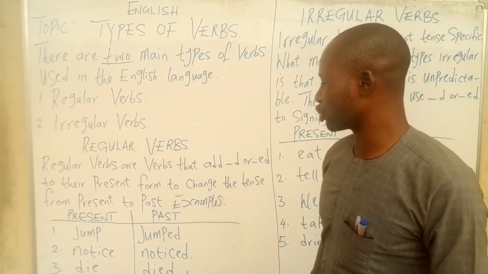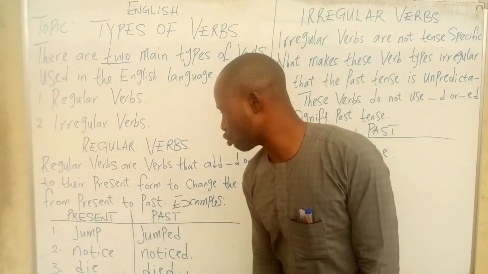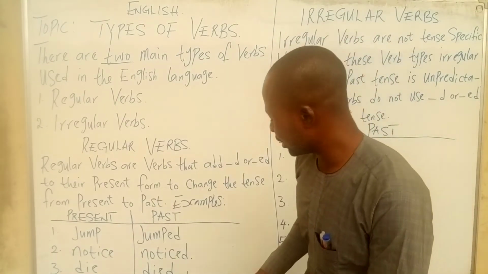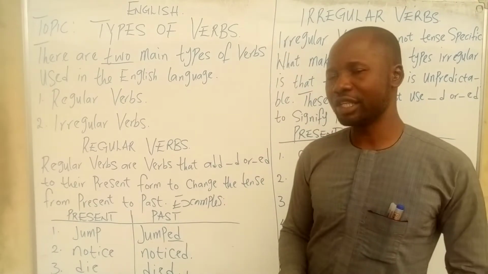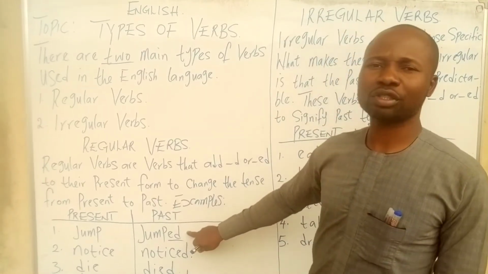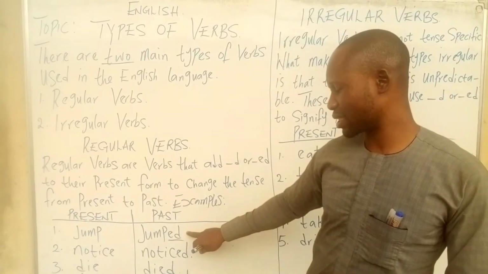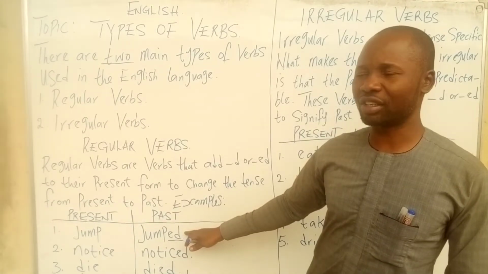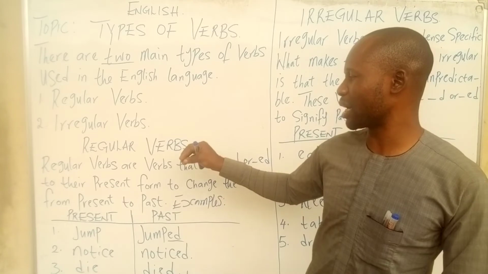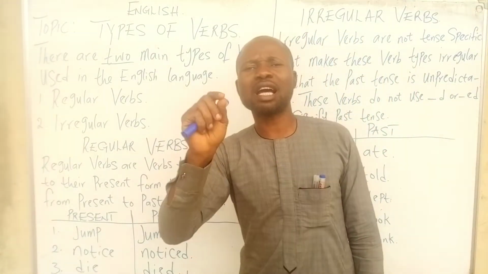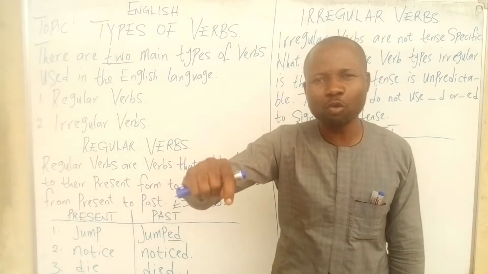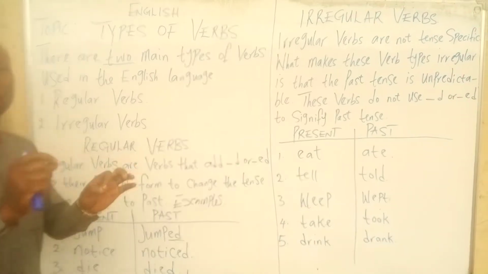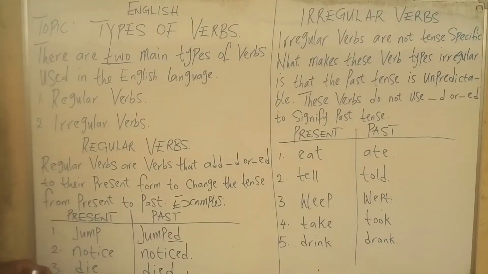Let's look at examples. This is the base or the root. Number one, we have jump, and jump quickly added ed. So we have jumped, making it past. You can call it past simple or past perfect because it's a regular verb. Another definition I normally give is that regular verbs end in the way or manner by which we predict that those verbs are going to end.